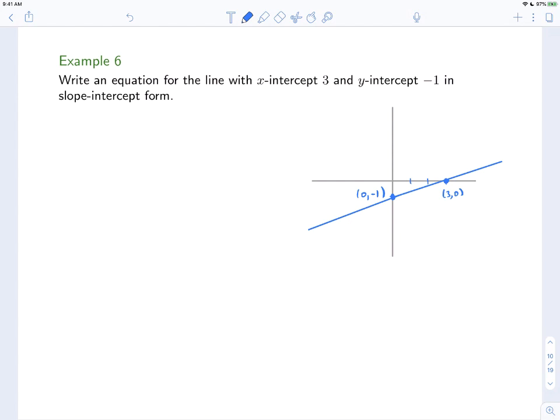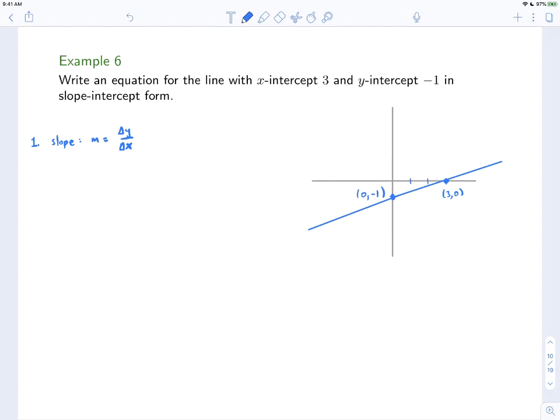So we want to find the equation for this line. So how is this going to work? Well, the first thing to do is find the slope. So step 1, find the slope. m equals the difference of the y's over the difference of the x's. Well, we have 2 points here.